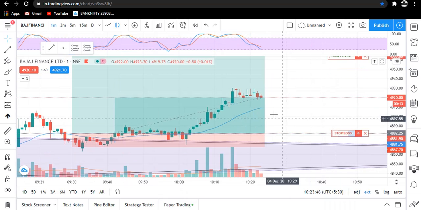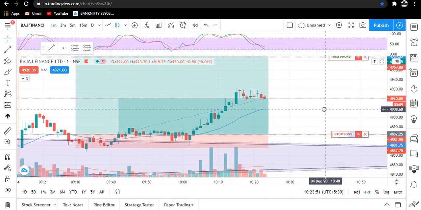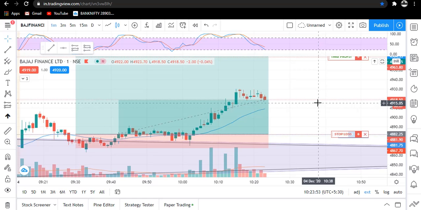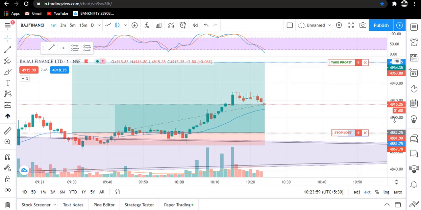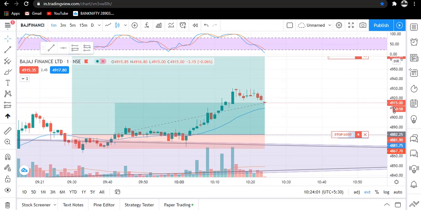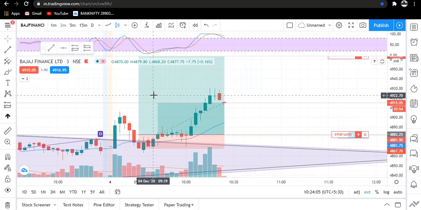Traders, here a build-up is trying to form, which will give a big momentum, and it can be on either side. Let me watch it in the 30-minute chart.